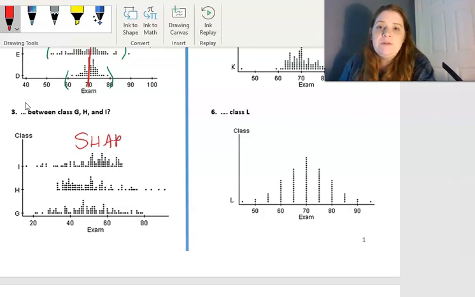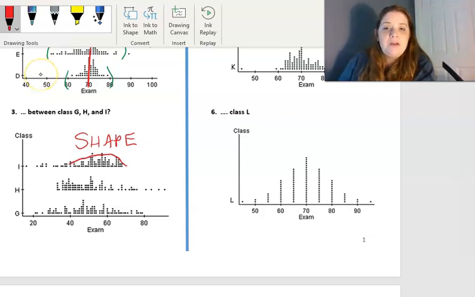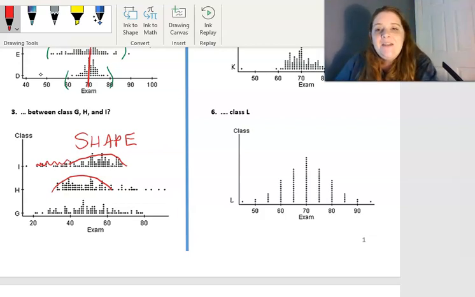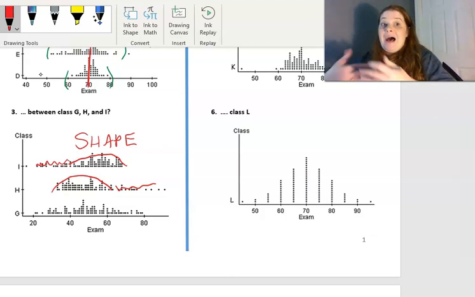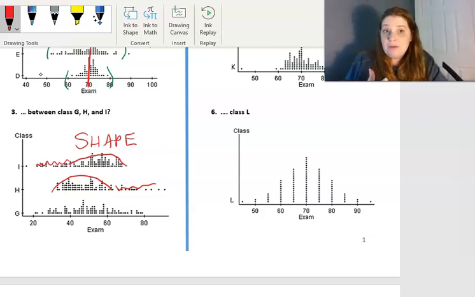The shape is very different. If you take a look at class I, most of the values are between 40 and 70, and then it trickles off to the left side. And then over here we have a ton of values between maybe 30 and 60, and this one trickles off to the right side. So those two are almost opposites of each other, almost mirror images.